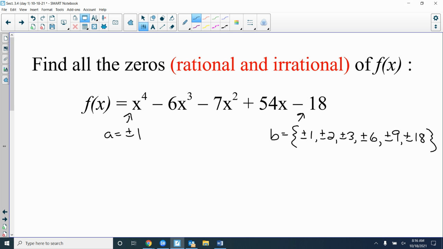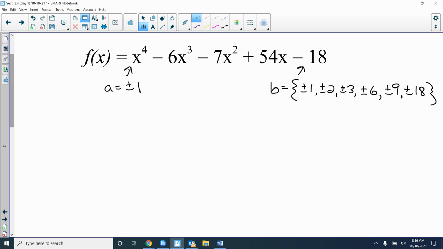Now, fourth degree adds another little layer that we've got to watch for. All right, our possible zeros by the rational root theorem are B over A. Well, A is a nice number, and it's just a 1. So we divide those by 1, it all comes out to the whole numbers, right?